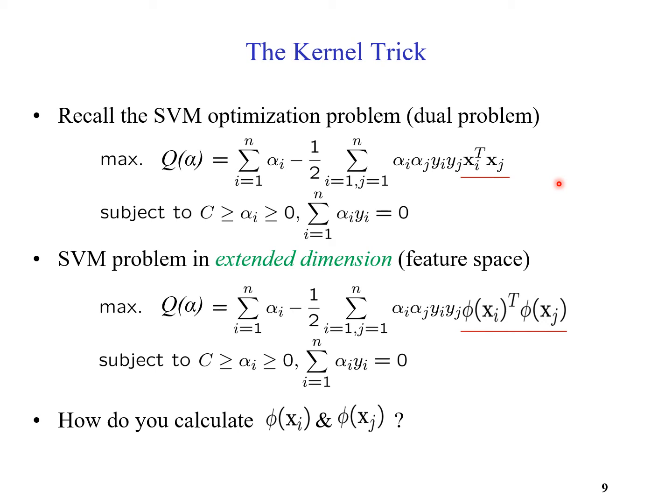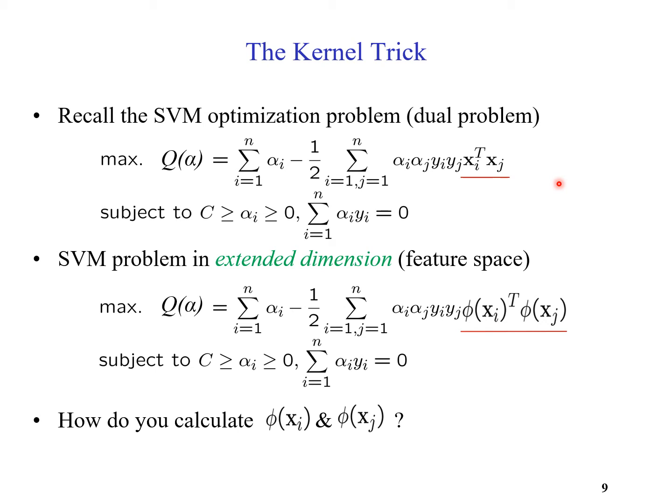So suppose we expanded the input dimension to a higher dimension. You decide the number of dimensions and you decide the configuration. Basically, you can say you decide the mapping. The mapping determines the number of dimensions and the configurations.